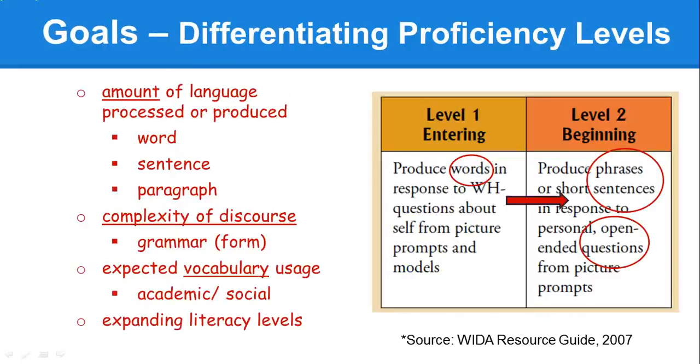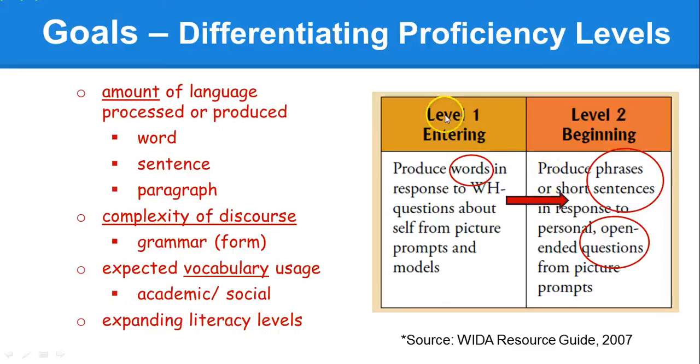The goals are differentiated in rising expectations, and that differentiation occurs by the amount of language, the complexity of discourse, and the type of vocabulary that's used, along with expanding literacy levels.